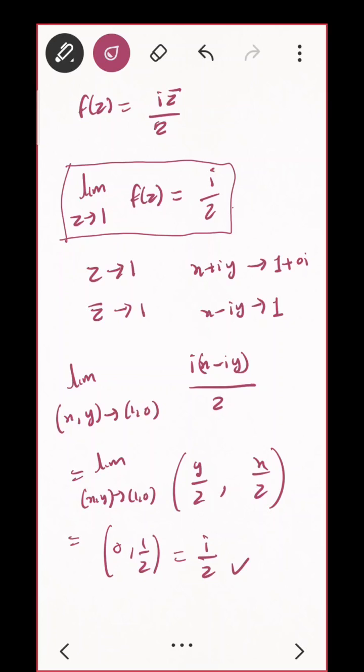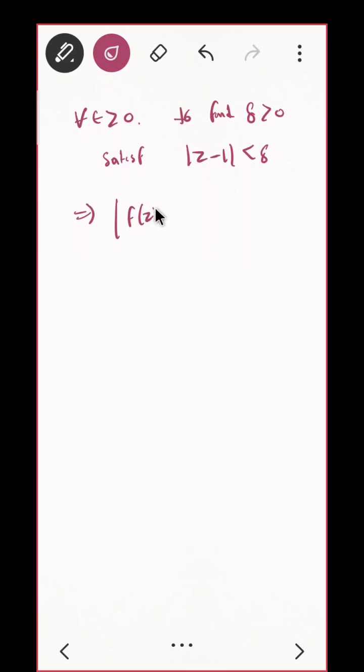For a given epsilon, here what we have to do is find a delta, correct? Correct. So this is what you want to prove.